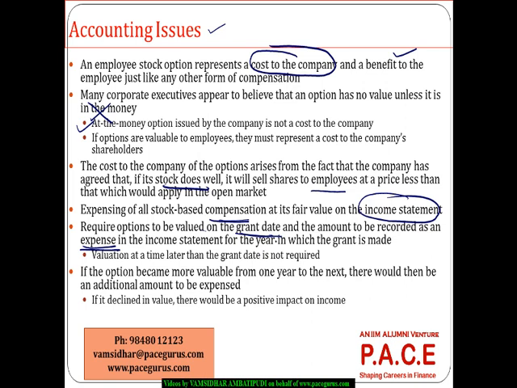The option valuation has to happen based on the number of years still left to maturity. If in the next year the option is becoming more valuable, the expense amount is increasing. If it is becoming less valuable, it is decreasing the expense, meaning it's increasing the income component on the income statement. So that is what is mentioned as part of the accounting issue for the option.